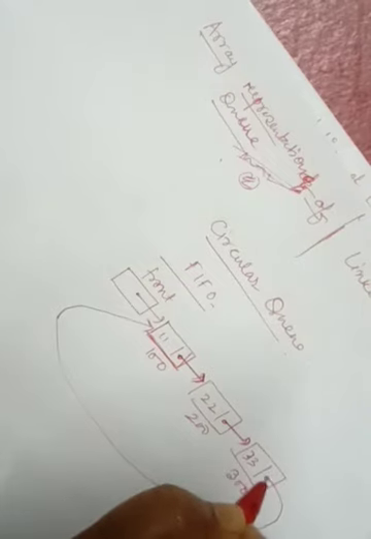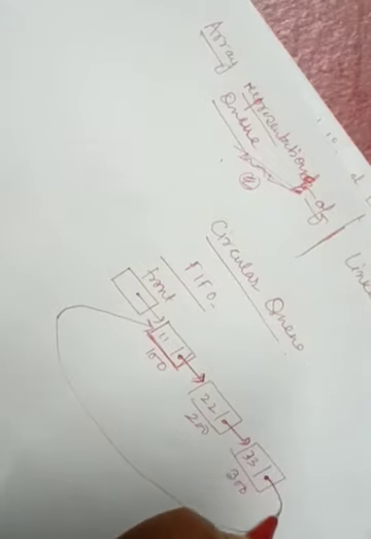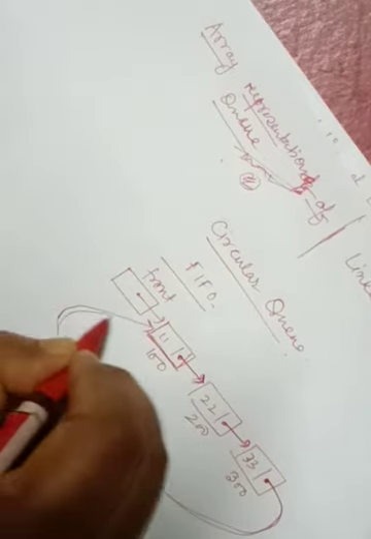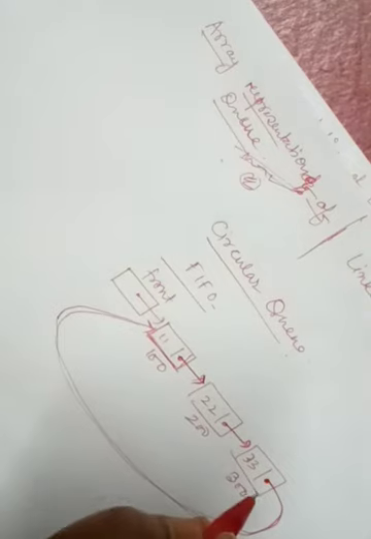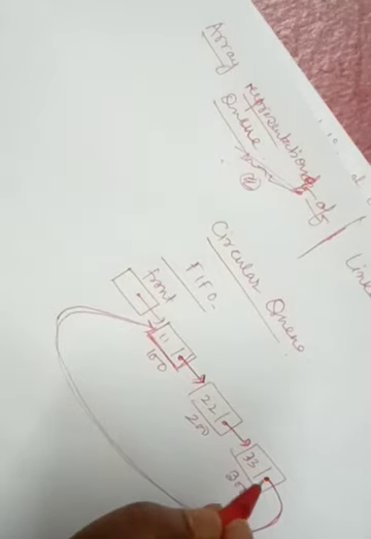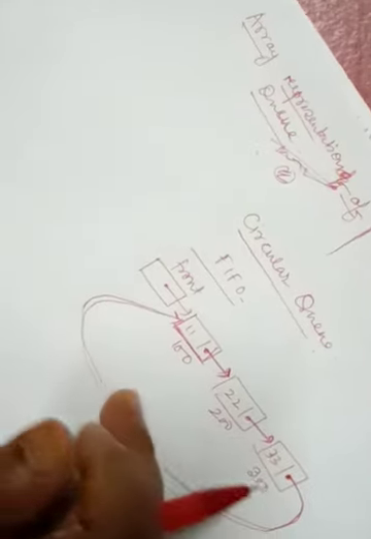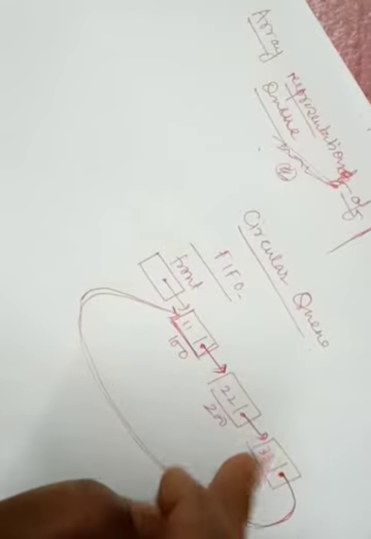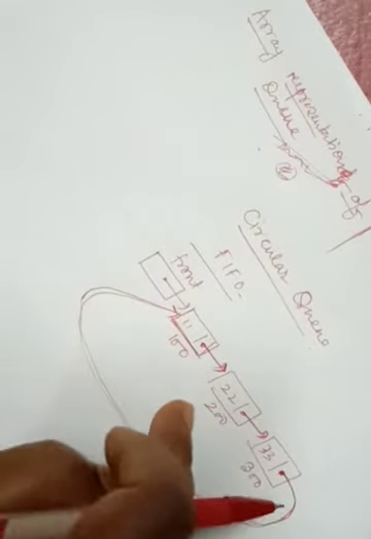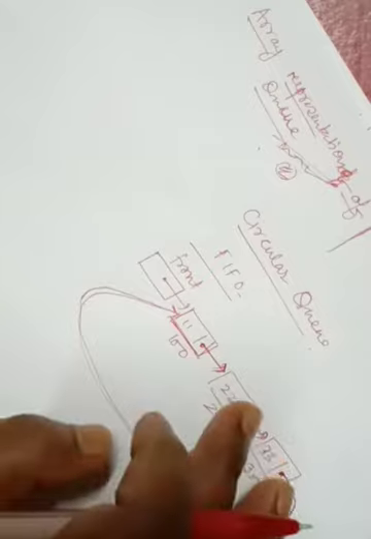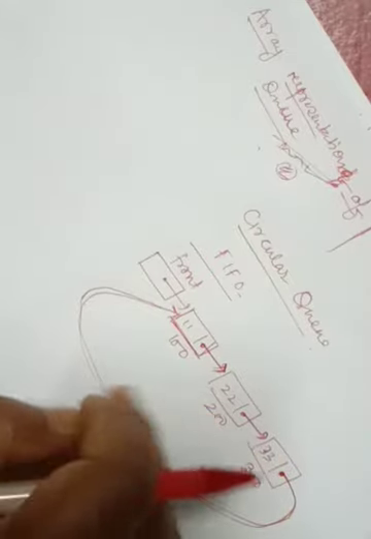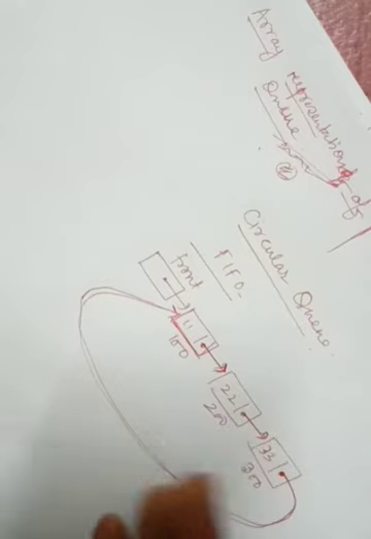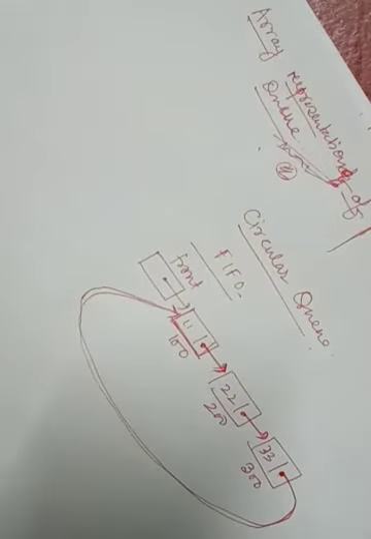And the last node, the third node, holds the address 100. So this part holds 100 as a link or address. So this is a circular queue. A circular queue is a linear data structure in which operations are performed like a normal queue, with the FIFO principle, but the last position is connected back to the first position to make a circle. So this is how the circular queue is represented.